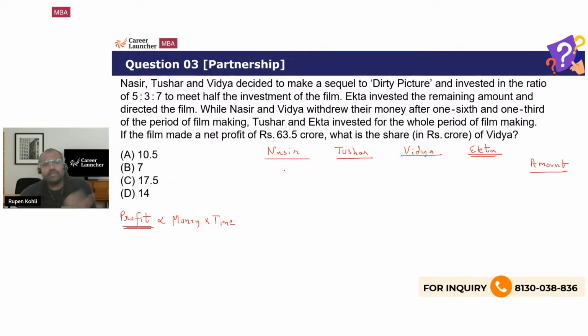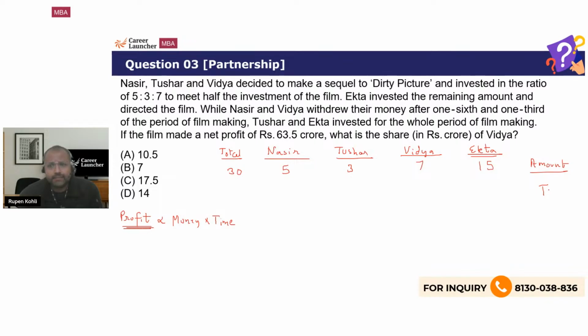So just take the numbers as they are given. Let's say they invested 5 units, 3 units, and 7 units. 5 plus 3, 8, plus 7 is 15 units. So Ekta invested the remaining 15 units. So therefore the total is 30 units of the amount.